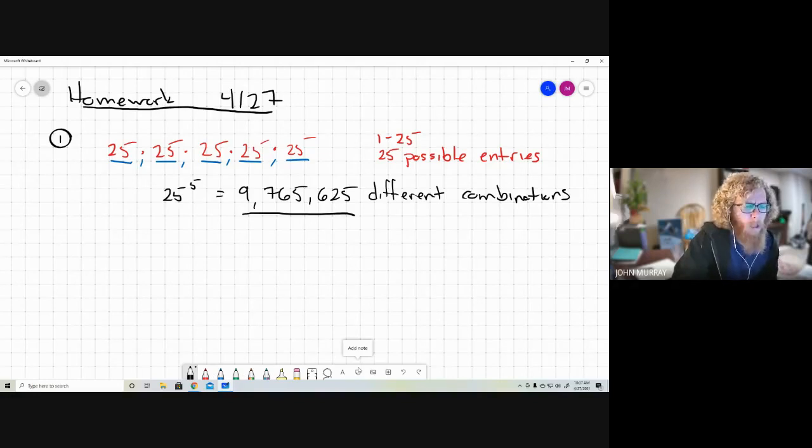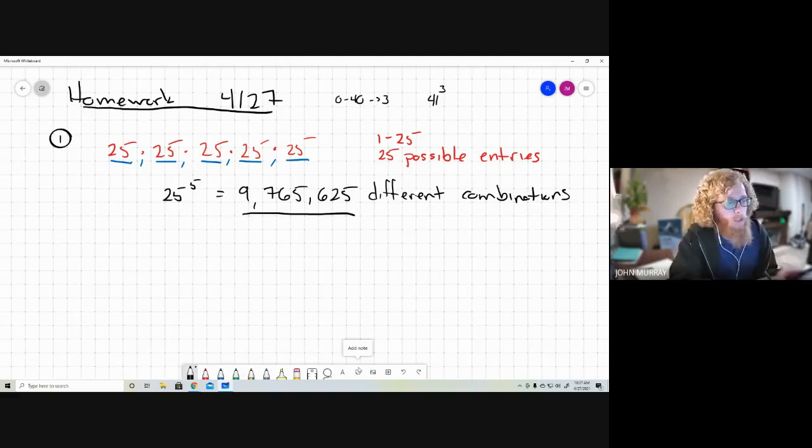That's why these combination locks are great. Even a normal combination lock, I think, is from 0 to 40, and there are 3 entries. So that's 41 numbers. 41 to the 3rd power gets 68,921.